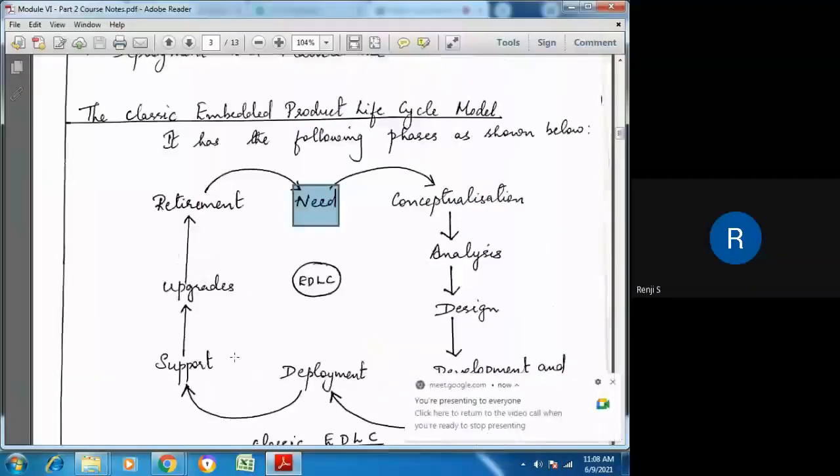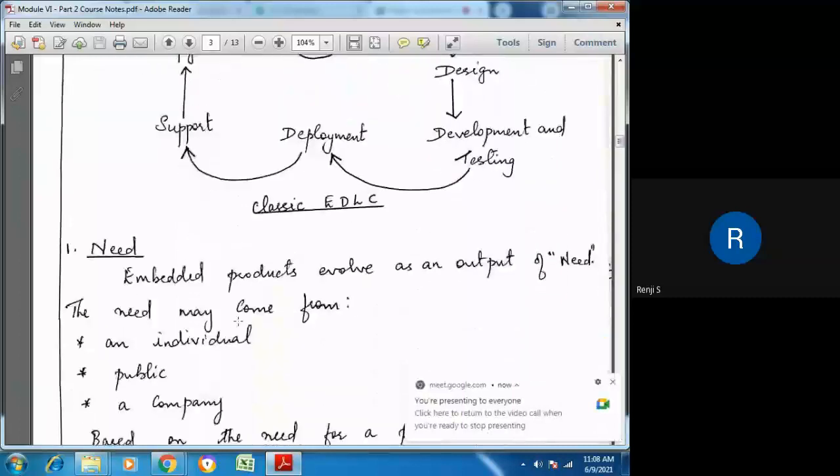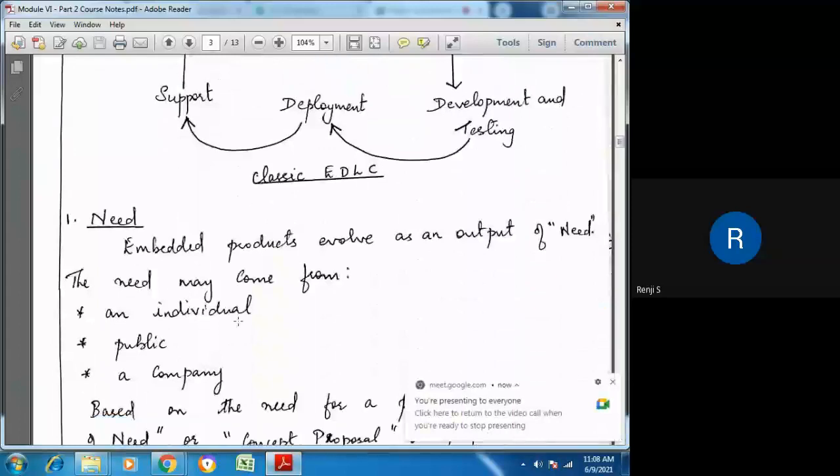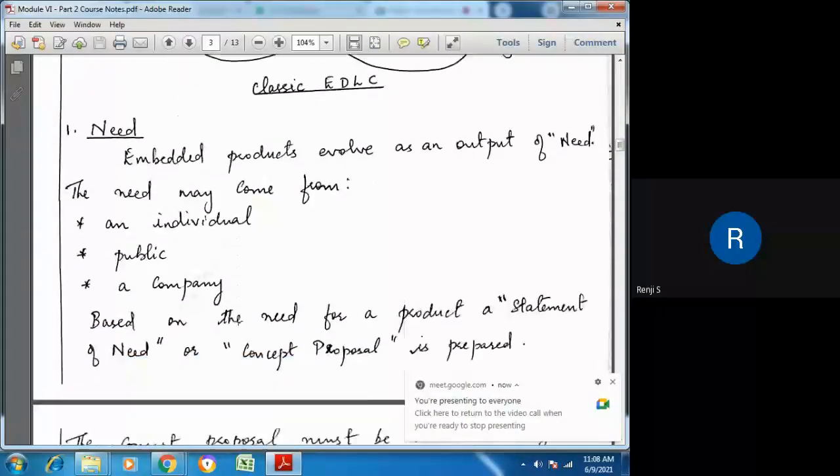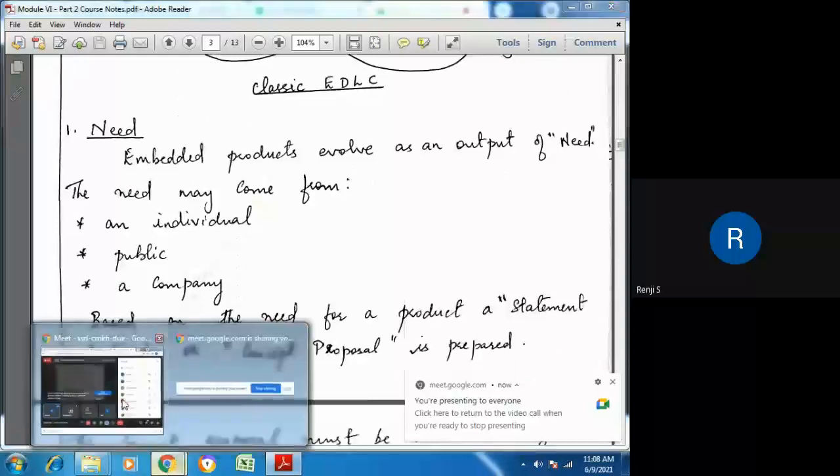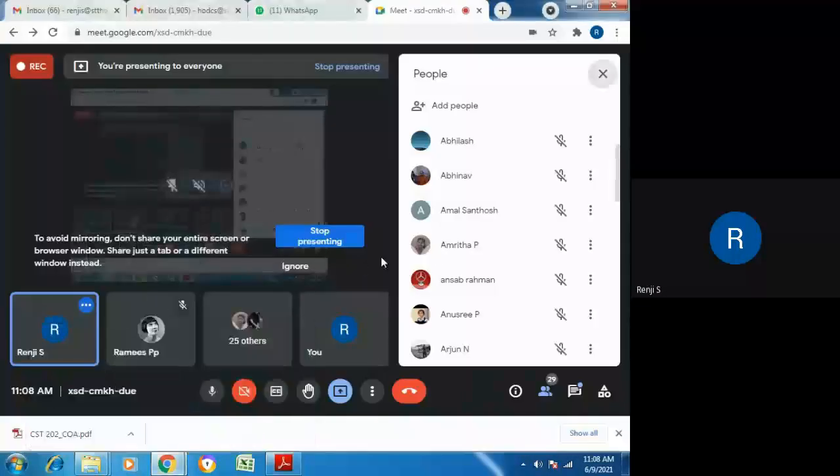So what is a need? Let us look at what a need is. For a product to be designed, some request or some need must be there from an end user, isn't it?